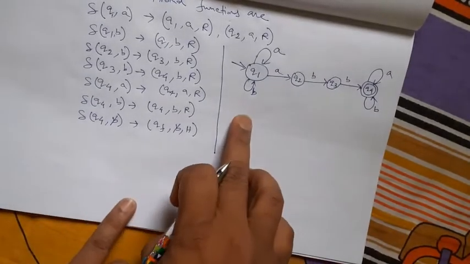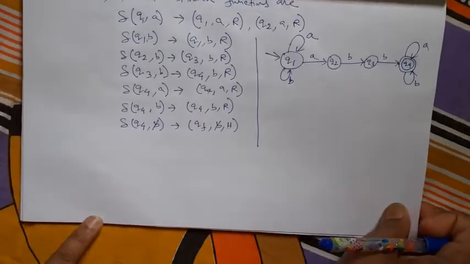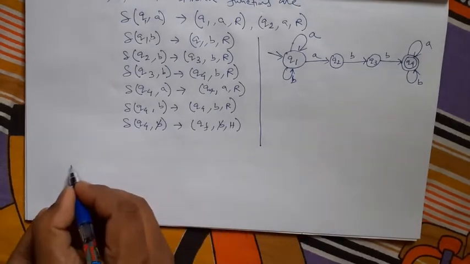If I represent it as a Turing machine, how will it look?